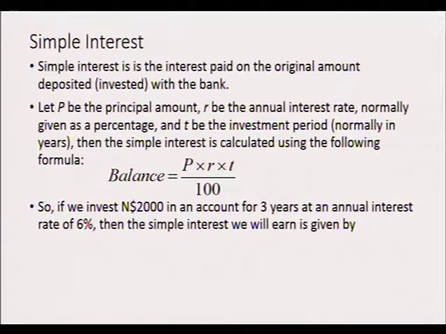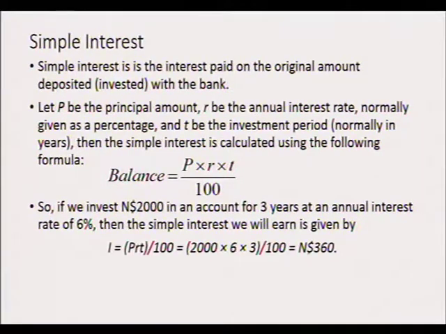After 1 year, you will have P multiplied by 0.06. To get the interest after 3 years, you multiply the interest after 1 year by the number of years, which is 3, and that will give you the simple interest. In our case, the amount of interest that we will have earned after 3 years will be 360.